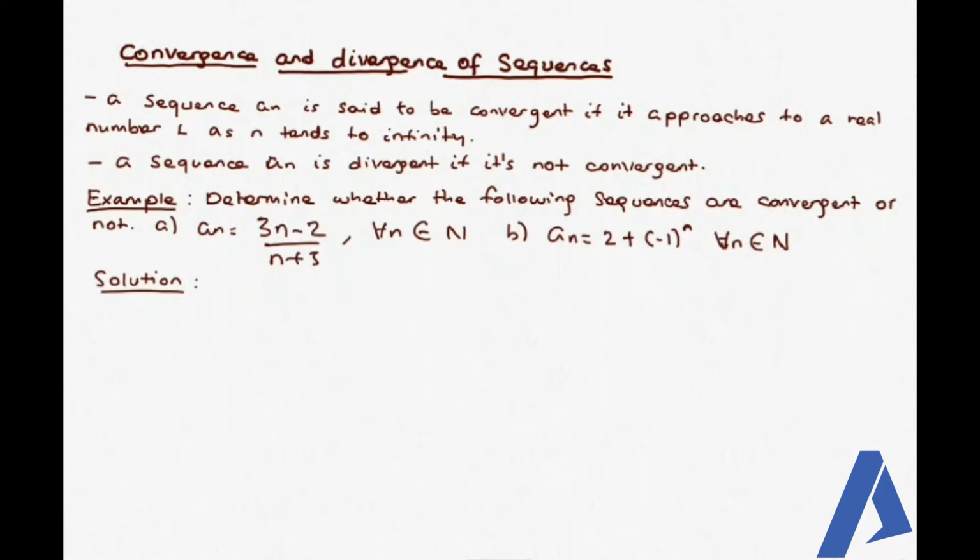ስለዚህ for a convergence-ን ቼክ ለማድረግ ምንድነው የምናደርገው? we check the limit as n approaches to infinity.